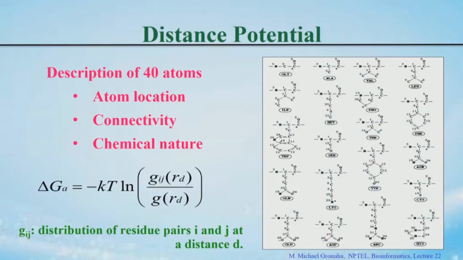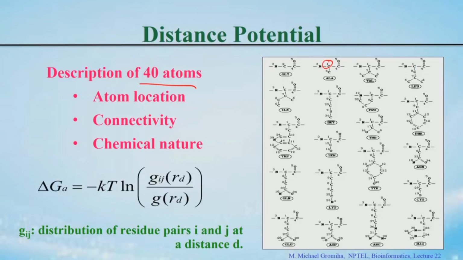First we classify the atoms into different types. Here we make 40 different types for the different amino acids. For example, this is the carbon C alpha. For glycine, only hydrogen is a side chain, so here we treated this glycine carbon separately. For all the carbons which have the C beta, we take it as one type. Likewise, for nitrogen, all these nitrogens we take as a separate type.